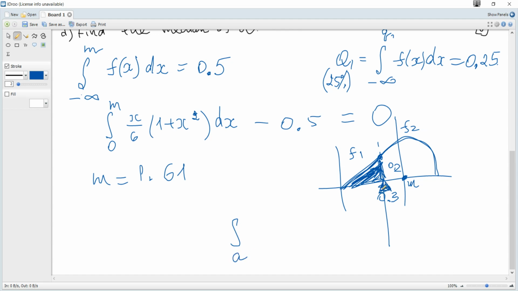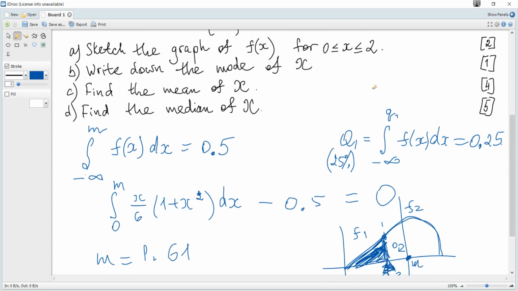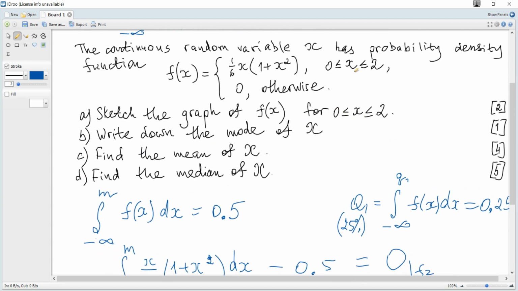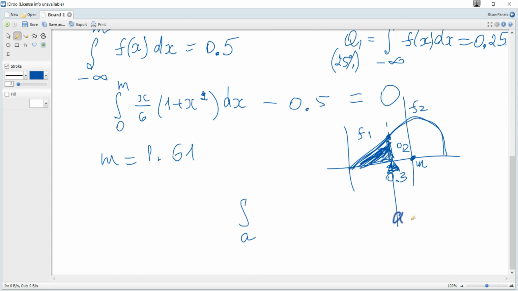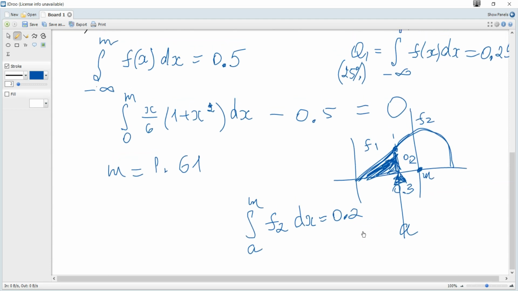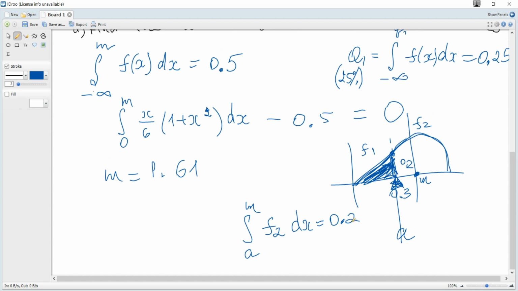You can clearly understand what this point is, because if it is given as a piecewise function, the region is always specified. So it becomes the integral from a to the median of f2, so it's already the second function, dx, and it should be equal to 0.2, because hence you get the total area equal to 0.5. And that's all for this question.